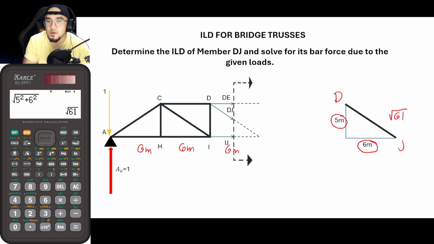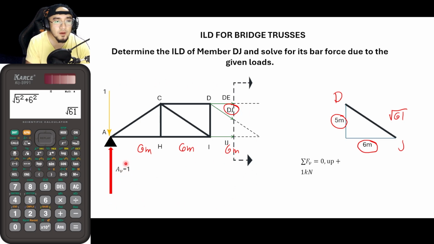Okay, so let us solve for the summation of forces vertical equal to 0, upwards positive, in order for us to solve for the value of DJ. So 1 kilonewton, where did that come from? That is this one here. Again, guys, in our analysis, we are to consider everything here at the left. We will not consider the right side, only the left side after cutting the section.